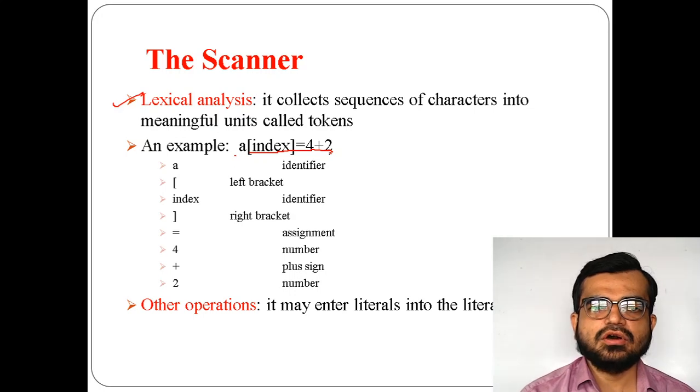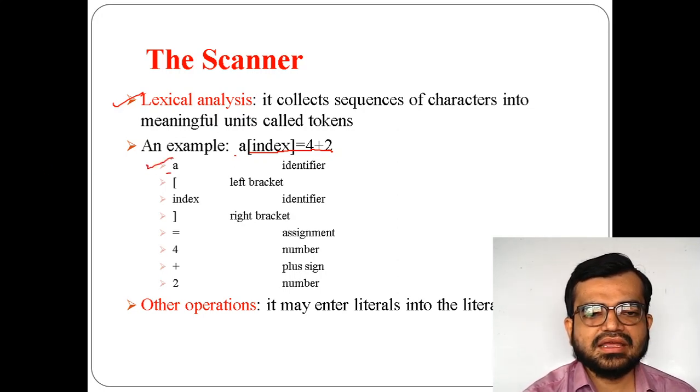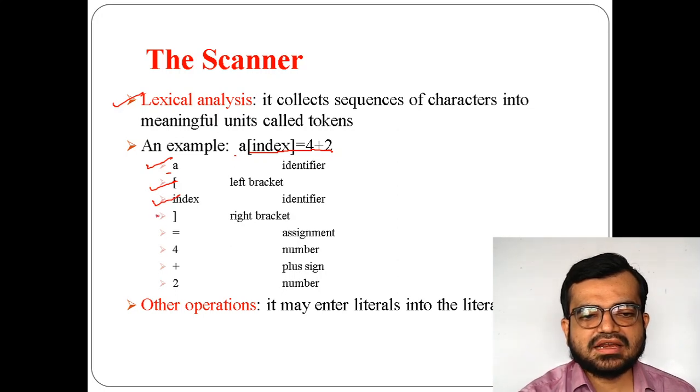Now the role of the scanner is to separate all the tokens and form a group of tokens. If you take a, what is a? Identifier, right? After that is the left bracket. Next is index, which is again an identifier. Next is the right bracket. Next is the assignment operator.